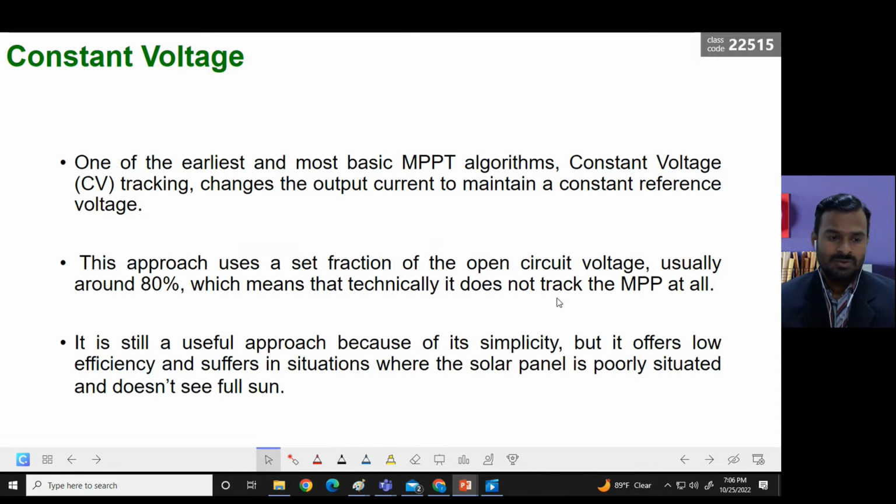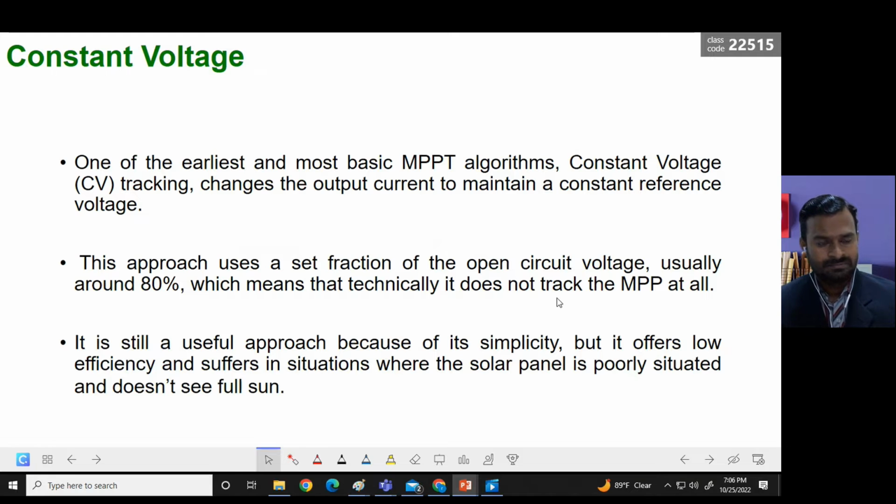They assume this is the maximum power point you can get from this given solar panel, but actually that is not the case. Sometimes you may get better than the 80% value. So whatever you get from this is not actually the MPP. It is one type of approach where you get a constant voltage and you change the charging current, so that you always get a certain fixed value.